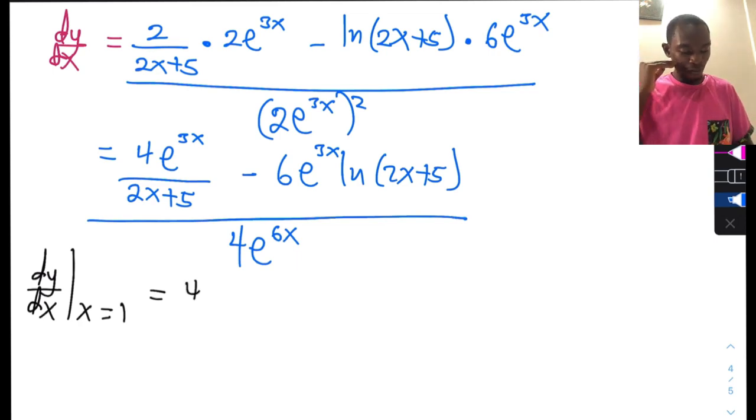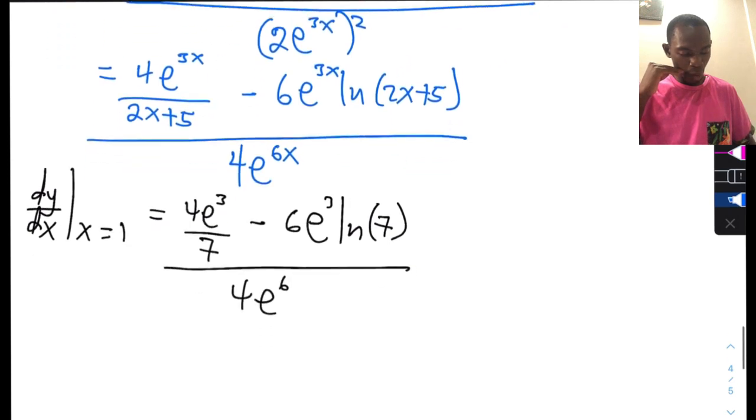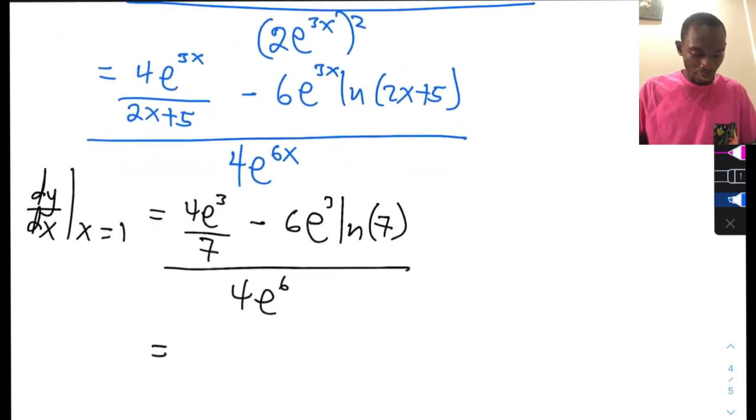So that means I have 4e to the third power over 7, minus 6e to the third power ln 7, all over 4 into e to the 6th power. I think something like this, the calculator can process it.